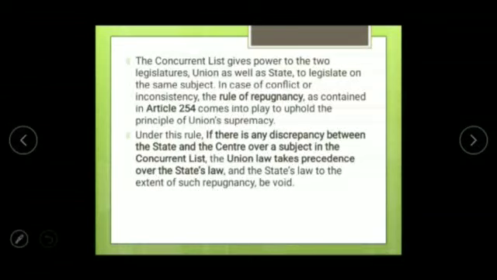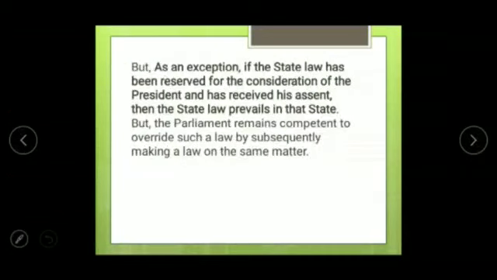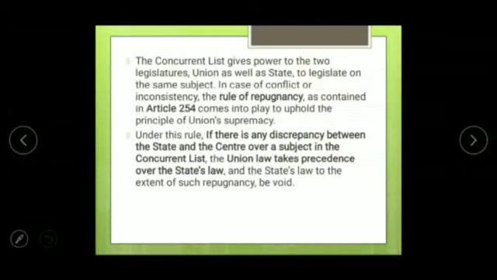Now, for example, it is marriage and divorce. I'll tell you the subject matters: marriage and divorce, transfer of property other than agricultural land, education, contract, bankruptcy, insolvency, trustees and trusts, civil procedure, contempt of court, drugs and poison, economic and social planning, trade union, newspapers, etc. Many things.